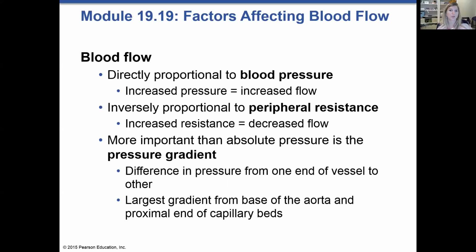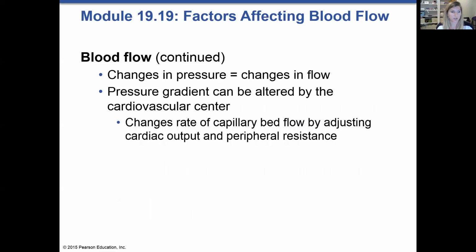In other words, we want the pressure in the aorta to be very high versus the pressure towards the arterioles to be considerably lower, so that there can be a fast flow through the arteries and that blood can get to the capillaries to exchange nutrients and waste products with the interstitial fluid. The largest gradient from the base of the aorta to the proximal capillary beds is kind of ideal. So that's where you want the largest gradient to occur.